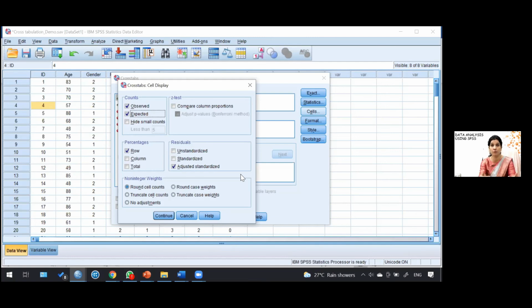But if it is more than 2 by 2, then you are not clear which pair of the association is significant. So in that case, you should click this adjusted standardized, which is a post hoc analysis of the pairwise comparison, which shows you that which of the two pair was significant in the overall significance of the chi-square, right? So that because we have got 3.